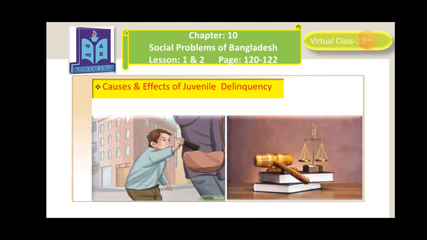See, one juvenile is pickpocketing. If you see anyone doing this type of work, then you as a juvenile should also try to make them understand to avoid that kind of activity, because there are rules, regulations and laws for juvenile offenders.